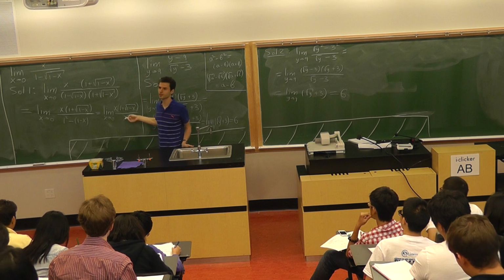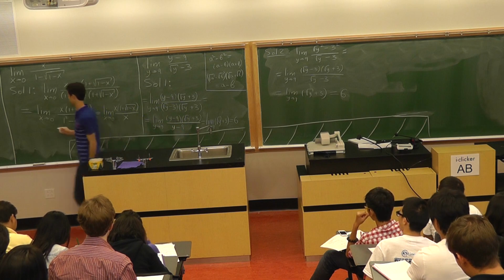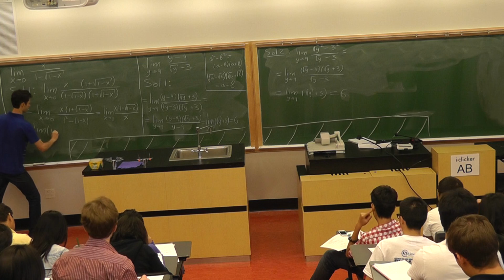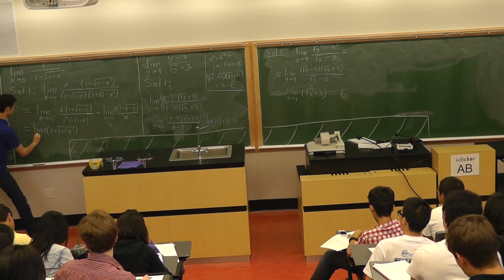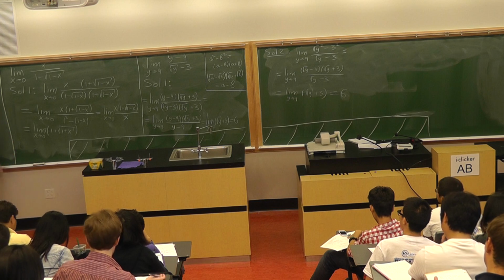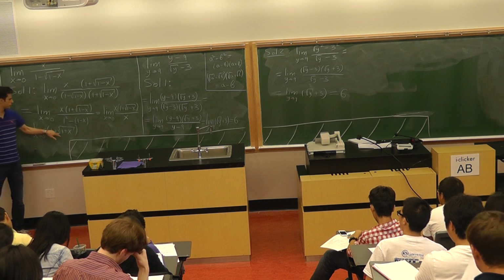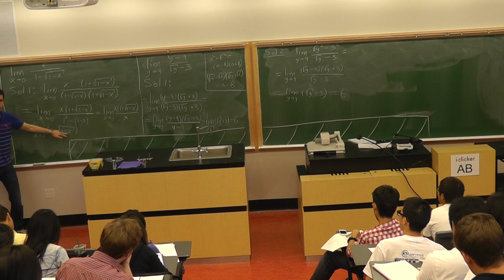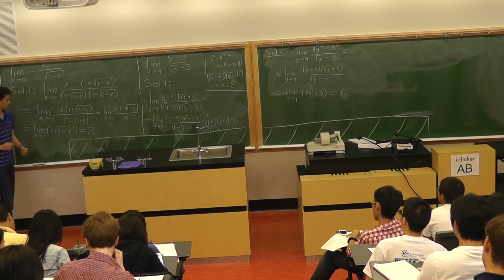And what's even better, we have an x in the numerator, so we can cancel out. And now this limit is very easy to compute. When x is small, square root of 1 minus x is close to 1, and the whole expression is close to 2.